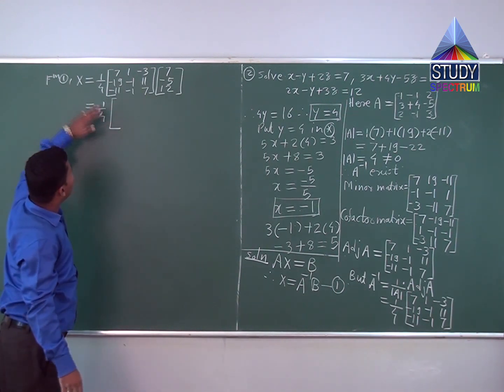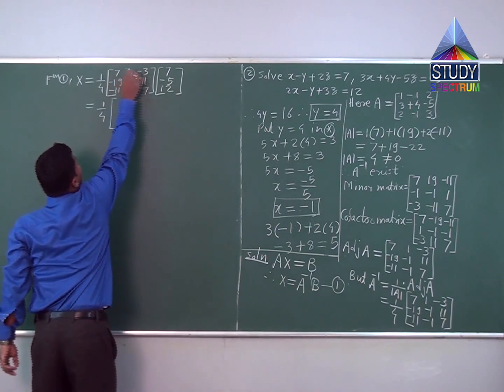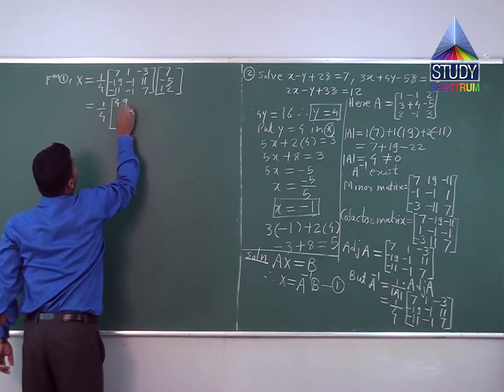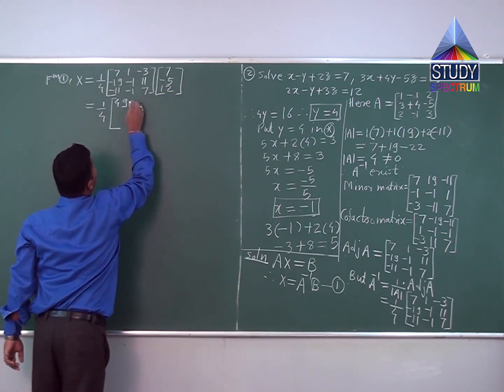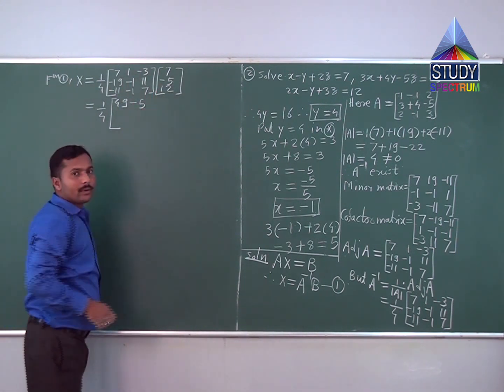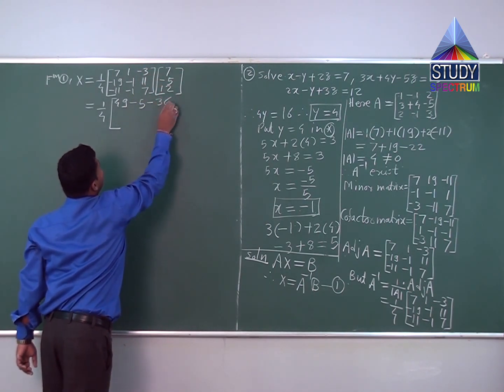So we make the multiplication. First row, first column: 7 into 7, 49; 1 into minus 5, minus 5; minus 3 into 12, minus 36.